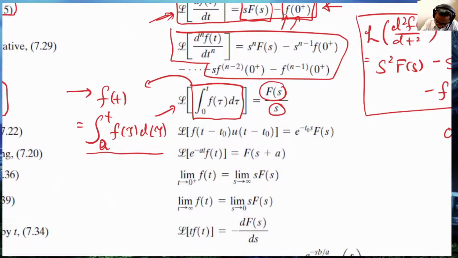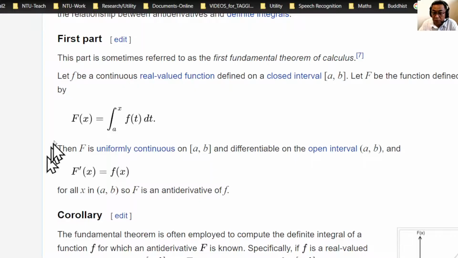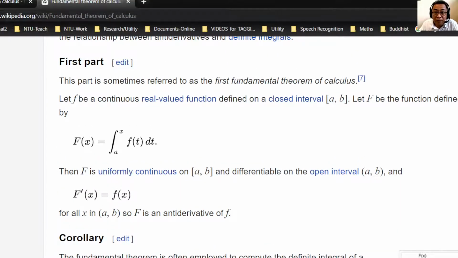I made a mistake. It should be capital F of t, where the derivative of capital F of t is equal to f of t. I'll pull up Wikipedia. The thing I'm pulling up is called the fundamental theorem of calculus. In the first part, it gives you this expression.